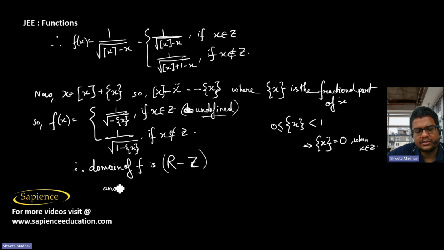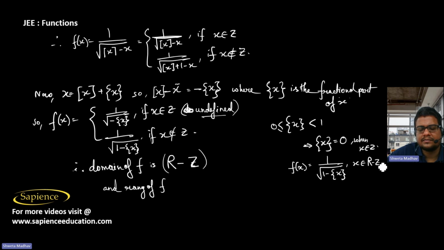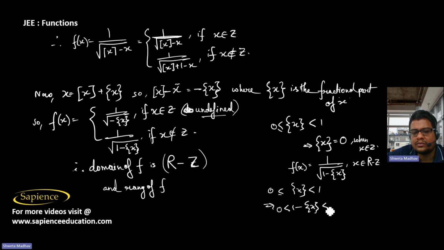Now the range of f that we have to find out. The function f of x is 1 by square root of 1 minus fractional part of x, where x belongs to R minus Z. As you know, the fractional part of x always goes from 0 to 1, so 1 minus fractional part of x also goes from 0 to 1.